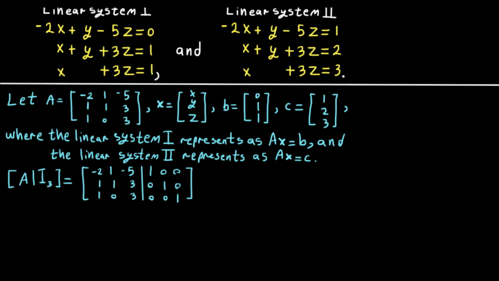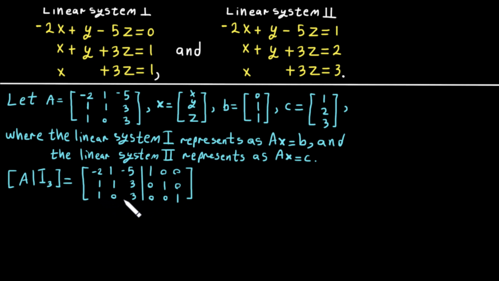Now let's change the color. Here we have to put 1, 0, 0, then 0, 1, 0, then 0, 0, 1. We have to make it like this, identity. You notice that it's better to swap this row with this row, because here we have to make it 1. Here we have 1 and here we have 0.